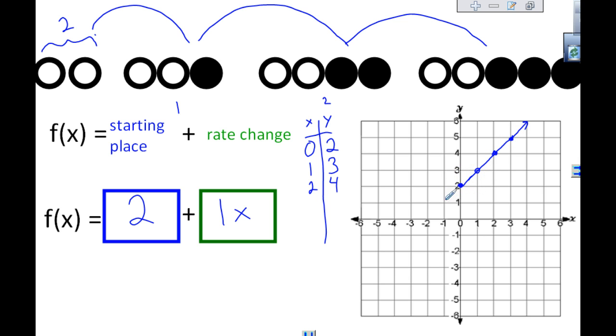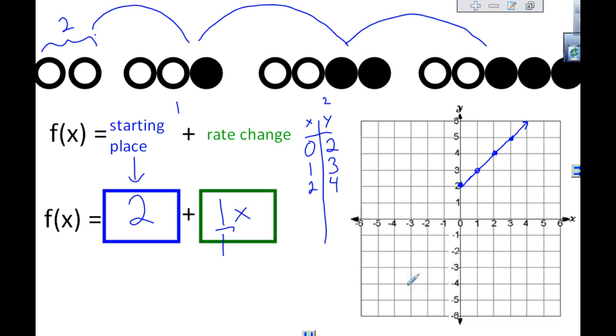And you can see the y-intercept, the starting place, is positive 2, there it is. And the rate of change is 1, which is the same as 1 over 1. So up 1 over 1, up 1 over 1, it works. So the pictures match with the graph, which match with the equation. All 3 have to agree with one another.